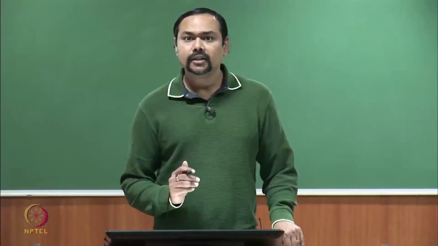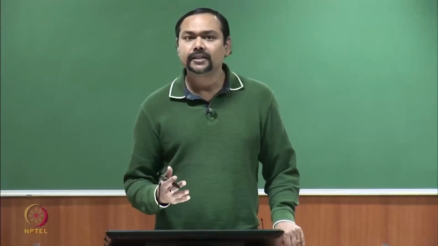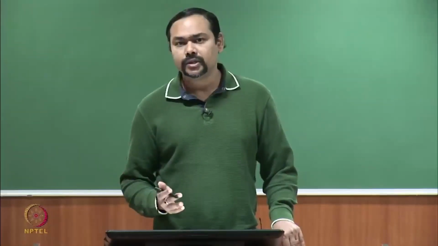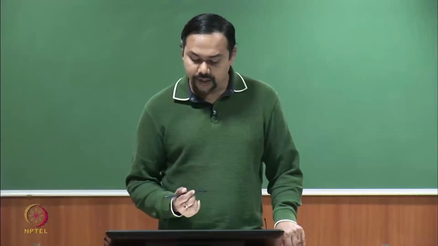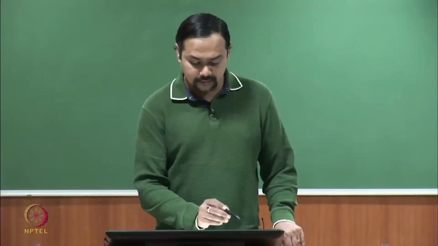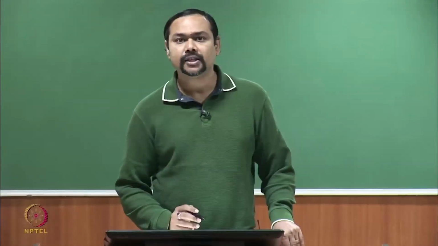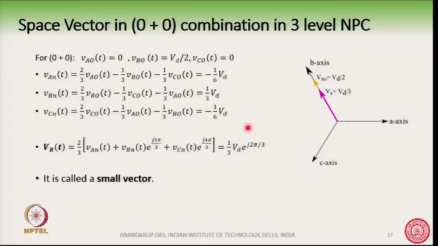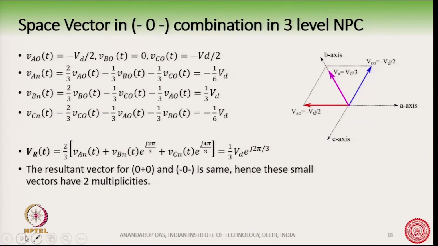In a similar way, you can draw space vectors for all the other 27 combinations, one by one, inserting the values of VAOT, VBOT and VCOT, and in the same fashion you can go on deriving the resultant space vectors. There is also one more example we have given here.